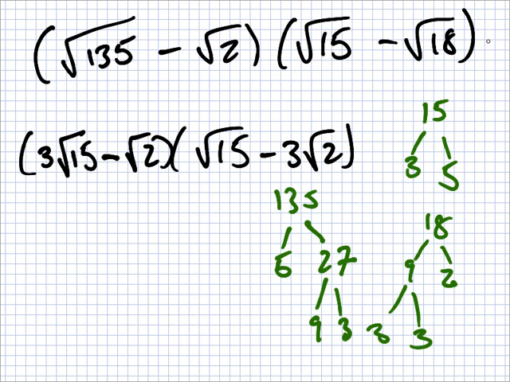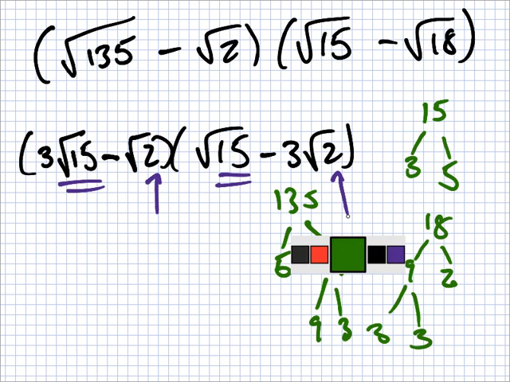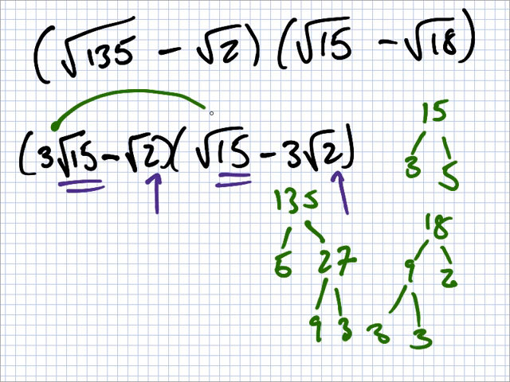And now you can see why that looks a little bit better, because it's similar form. 15, 15. 2, 2. So let's multiply. 3 root 15 by root 15, what do I get? I get 3 times 15, which is 45. 3 root 15 minus 3 root 2 will be minus 6 root 30.